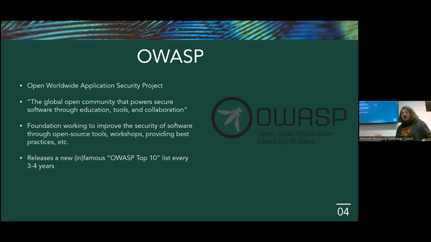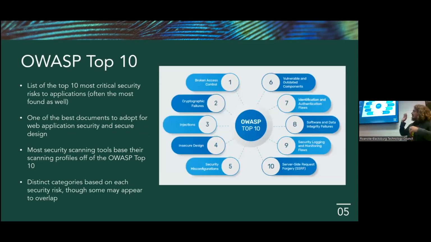The OWASP Top 10 is the list, or excuse me, the top 10 most critical security risks to applications within that time frame. I don't have it up here, but there was a relatively recent release in 2021, and that release is actually much different from the one in 2017, I think.